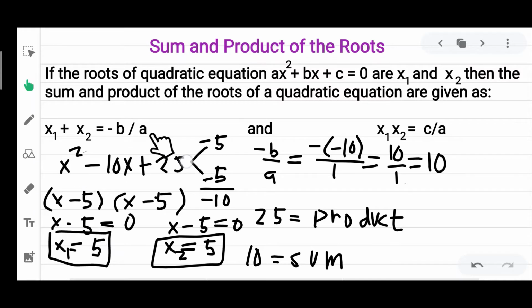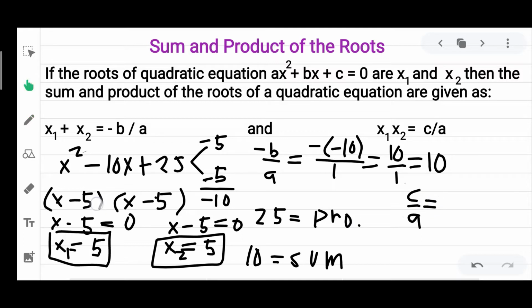Diba? So, instead of doing all of this solution, just simply use this formula to get the sum of the roots. So, how about the product? Paano natin kinukuha? Just simply use the formula c over a. Okay, so this is product, c over a.